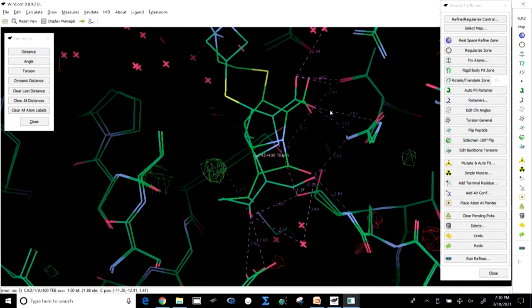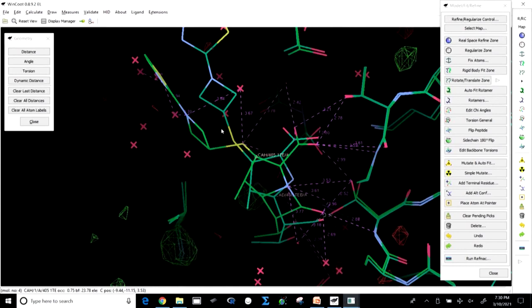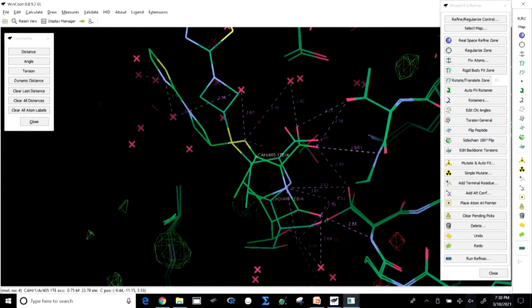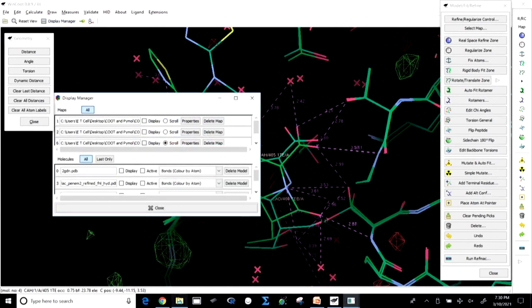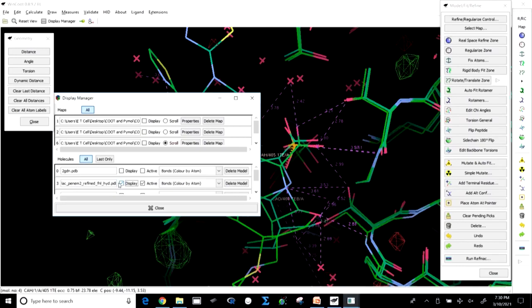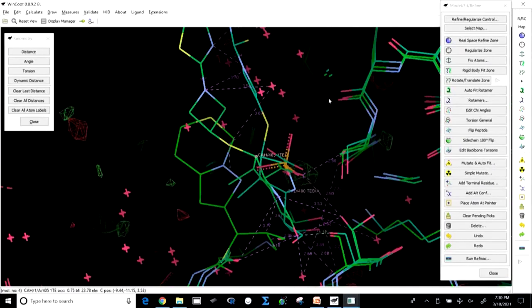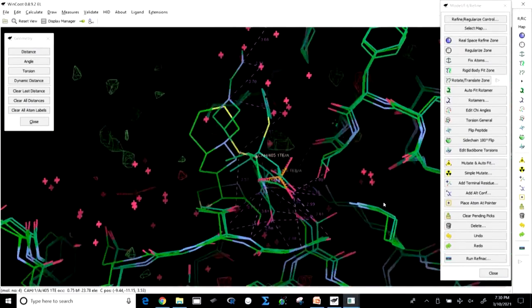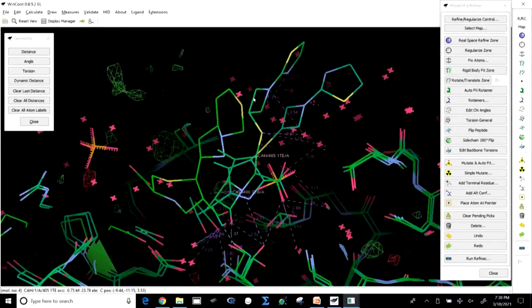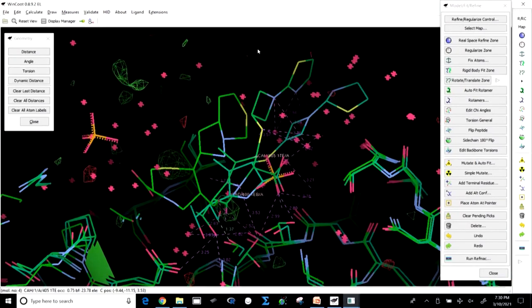Also, as I told, the distance. If you compare the third ligand, the PNM one, you will see that the PNM again goes in a different direction.